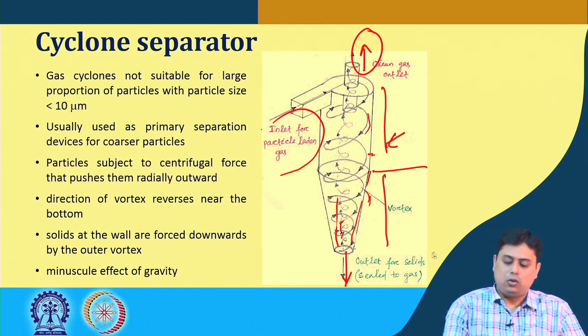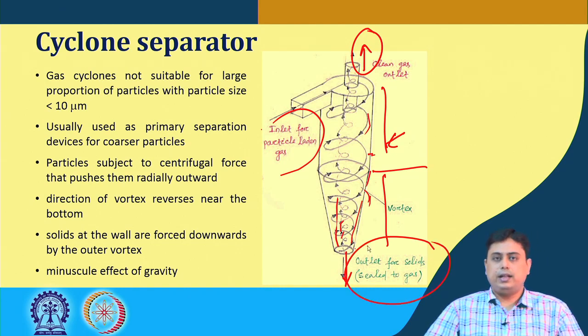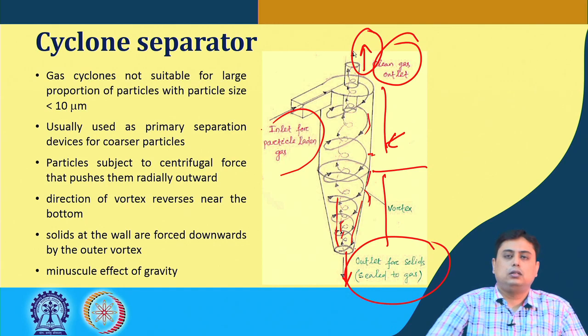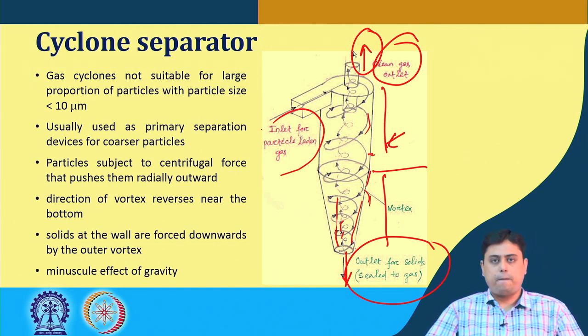Then the coarser particles are collected at the bottom, and usually cleaner gas with very fine particles is collected from the top.